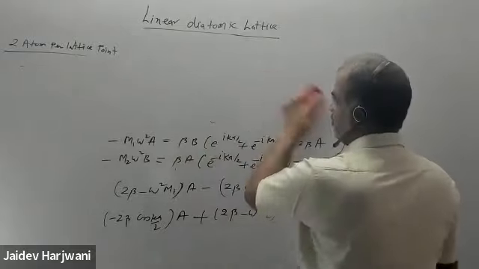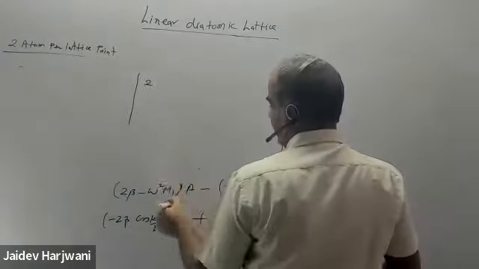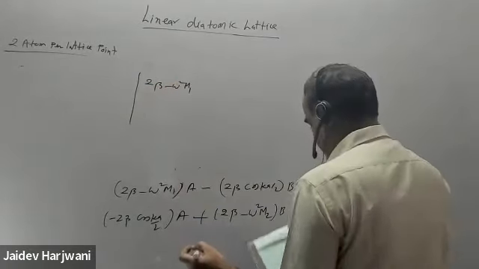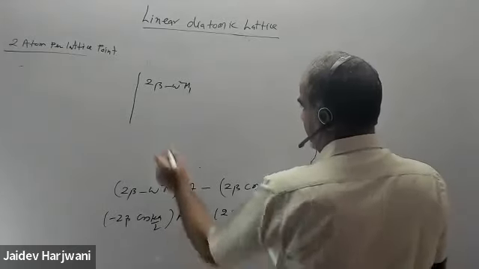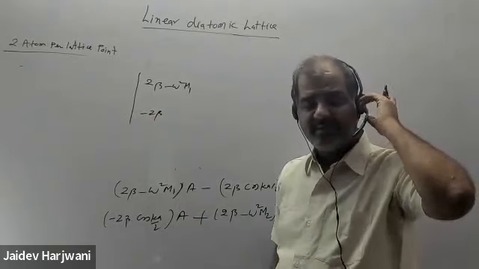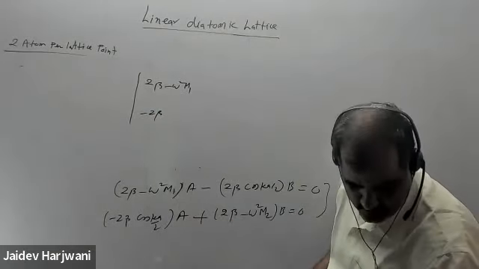Now if we solve this equation, okay, please solve this equation a and b, 2 beta minus omega square m1, okay. Similarly, here will be minus 2. Am I audible? Yes, sir. Okay, Sir, recording. Recording.